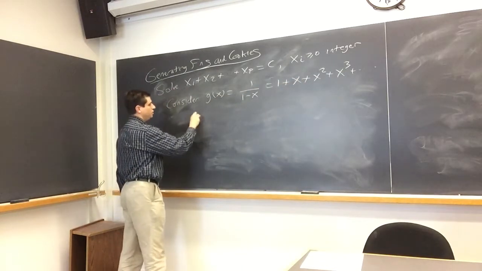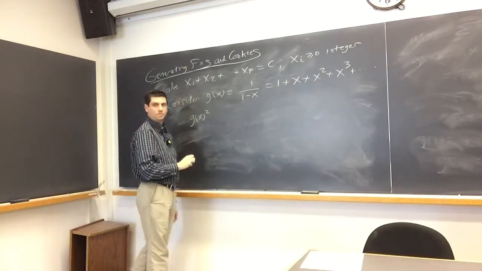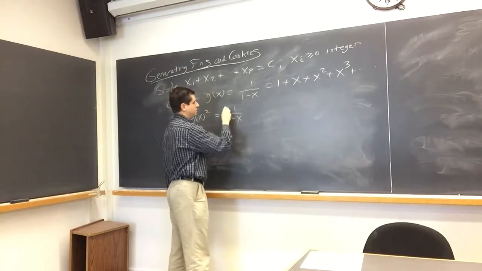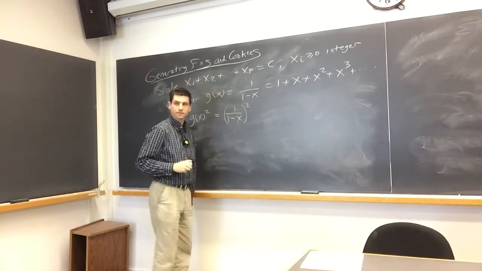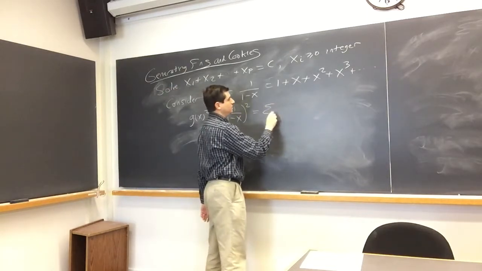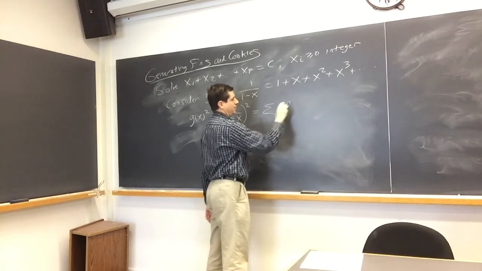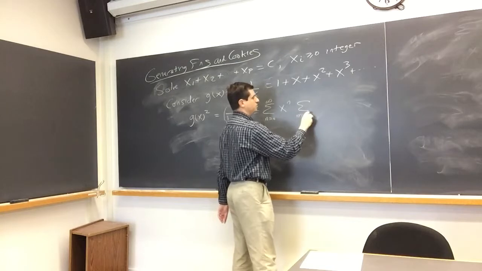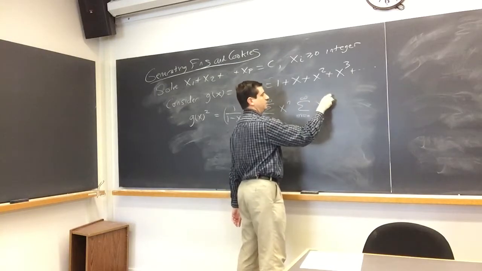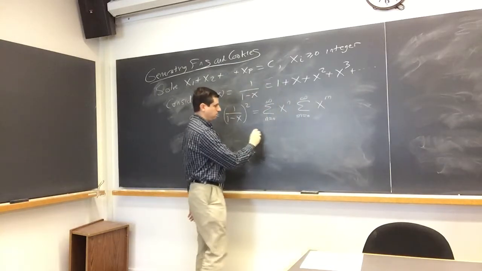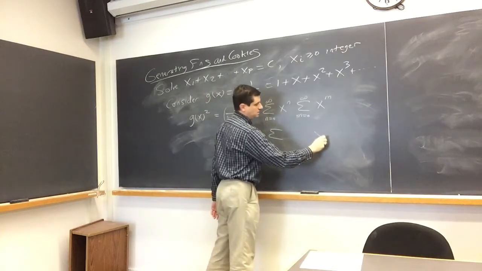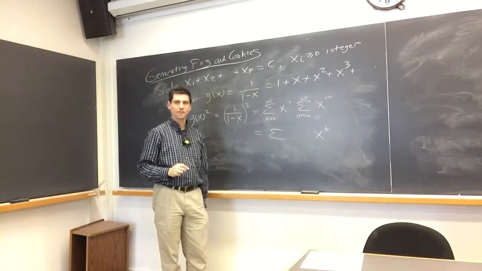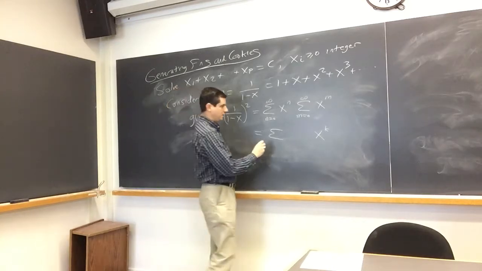Let's look at g of x squared. This is 1 over 1 minus x squared. And this is the sum of x to the n, n goes from 0 to infinity, times the sum of x to the m, m goes from 0 to infinity. So clearly, it's got to be something of the form x to the k, right?